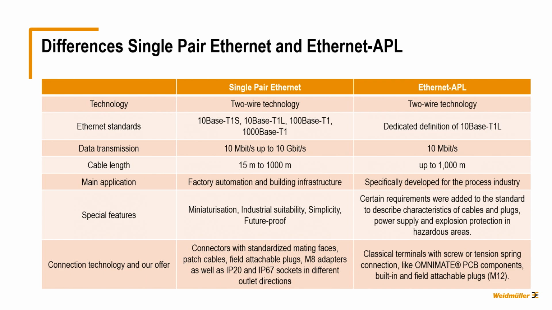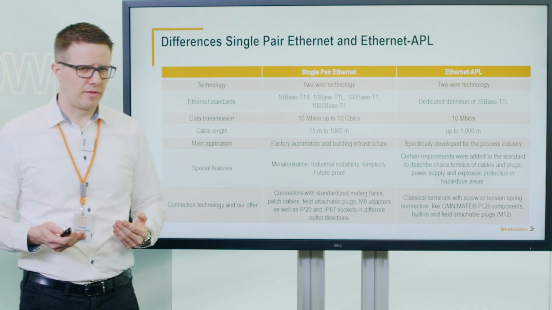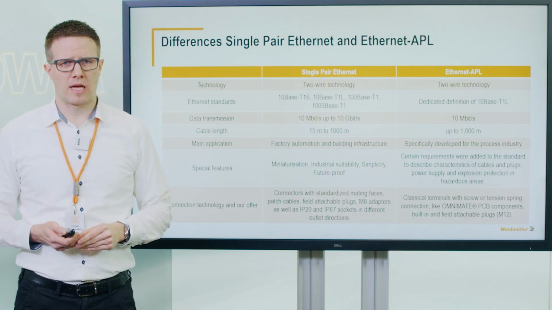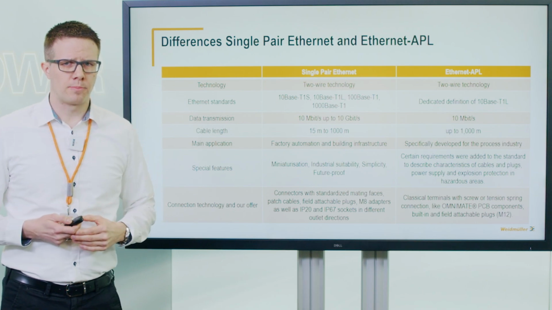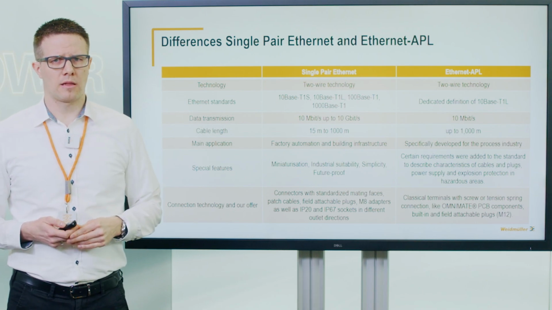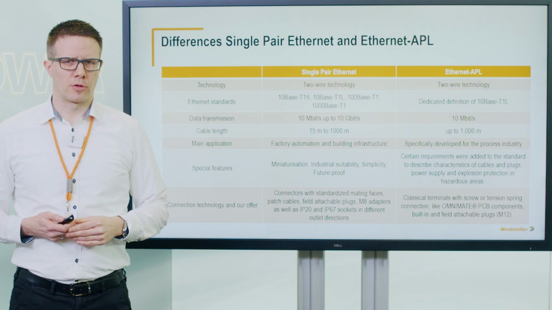Looking at the speed, we have some differences, because single pair Ethernet really ranges from 10 megabit up to 10 gigabit per second, always depending on the length, whereas Ethernet-APL is just focusing on 10 megabit per second up to 1000 meters. So this is why we also have different main applications. While single pair Ethernet is mainly going into factory automation and building infrastructure, Ethernet-APL is specifically developed for the process industry.